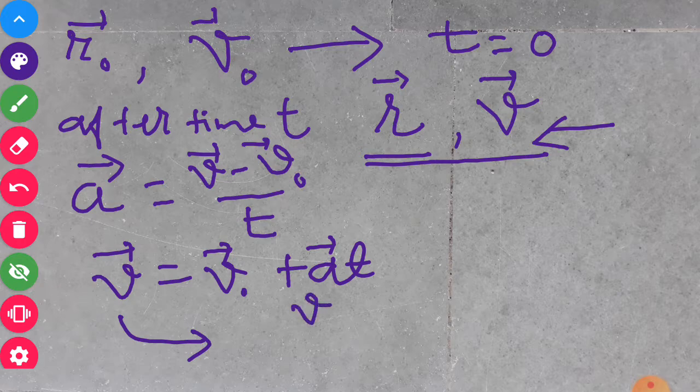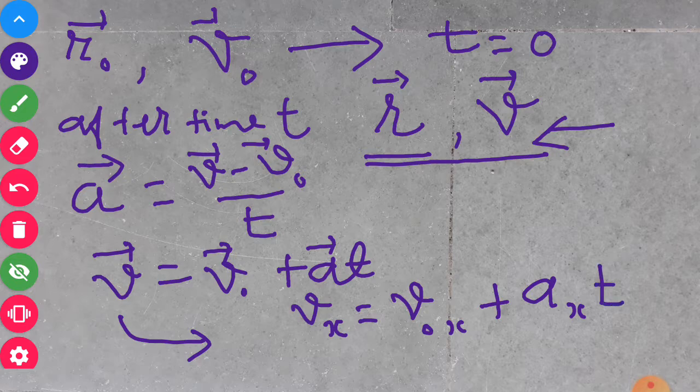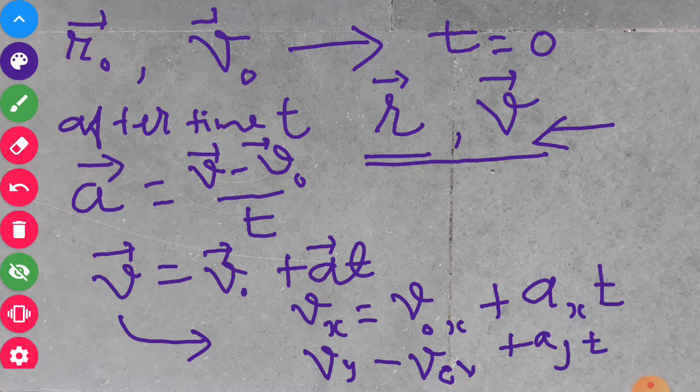That can be written as vx is equal to v0x, that is the initial x component of velocity, plus ax into t, that is the x component of acceleration. And similarly the y component, vy is equal to v0y plus ay t. Okay, this way you can write vy is equal to v0y plus ay into t.